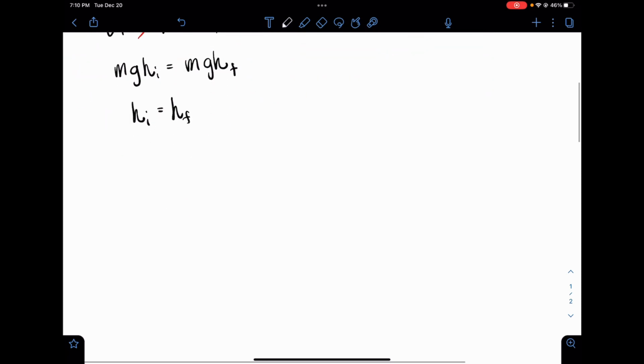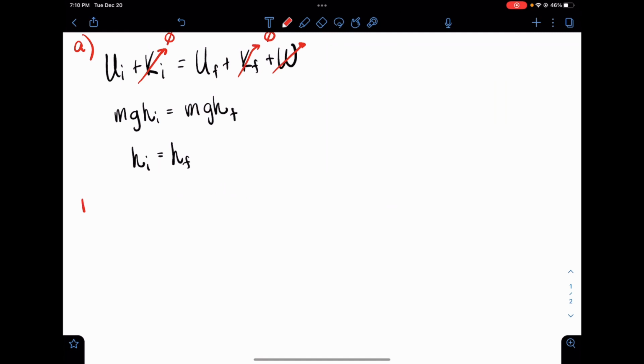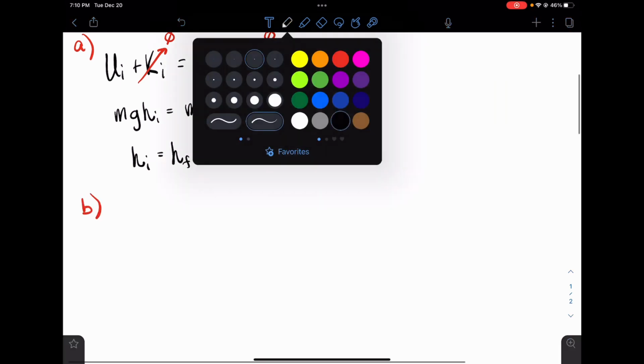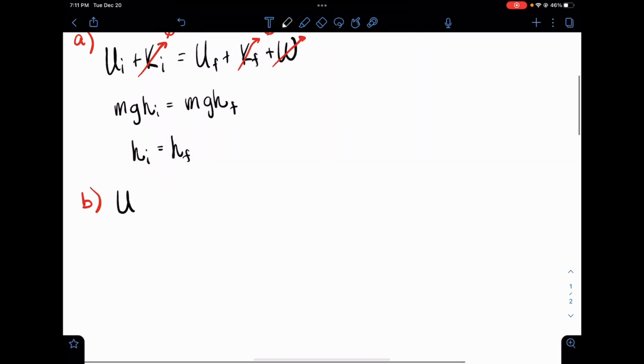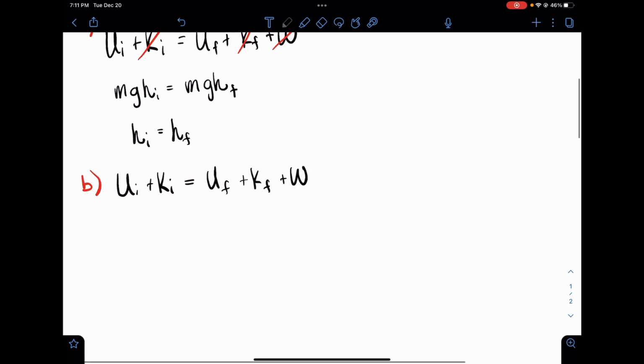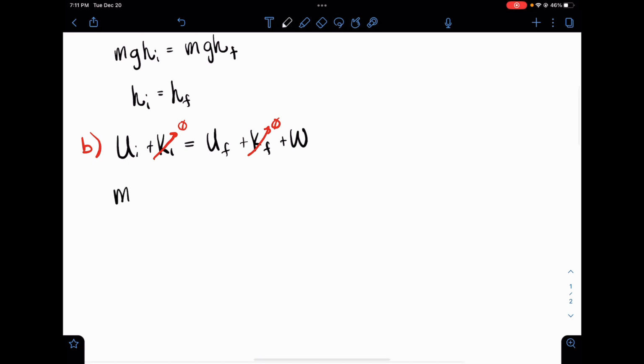If we go ahead and include friction in this, things change only ever so slightly. We get the same equation, U initial plus K initial equals U final plus K final plus work. In this situation, only our kinetic energies go to 0, and you get left some work due to friction. So you get mgh initial equals mgh final plus some work done.